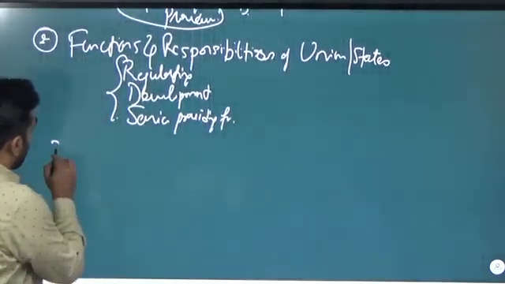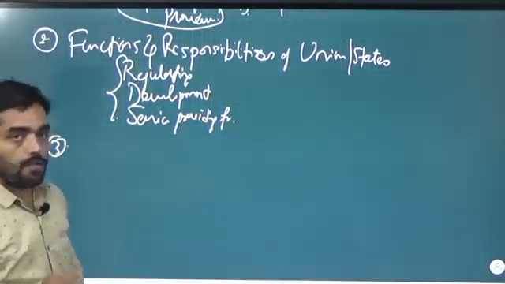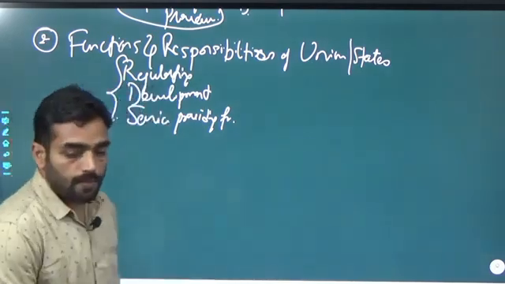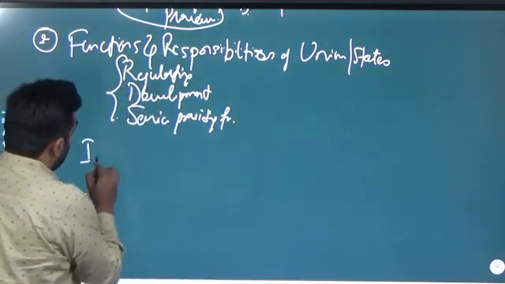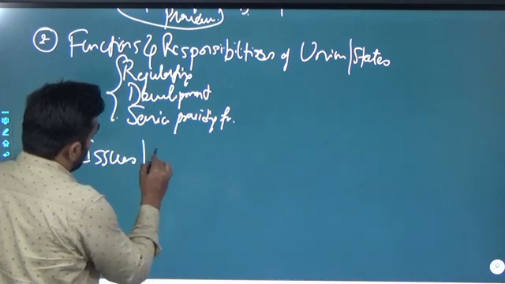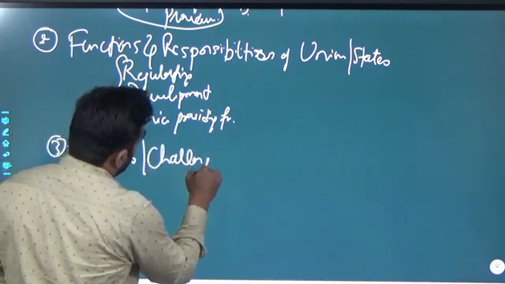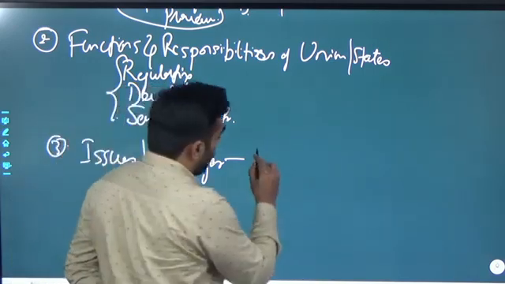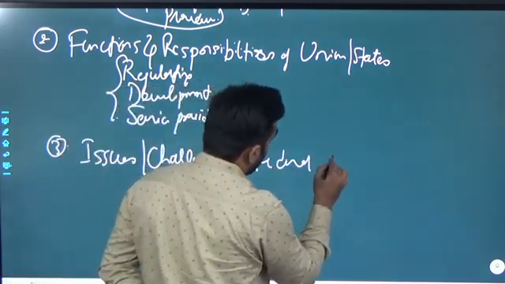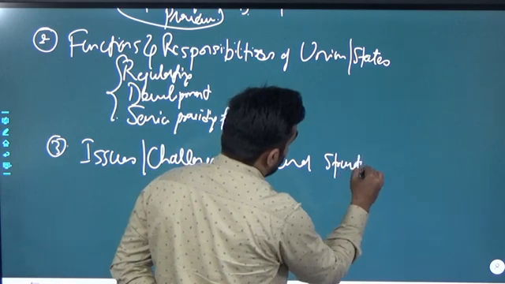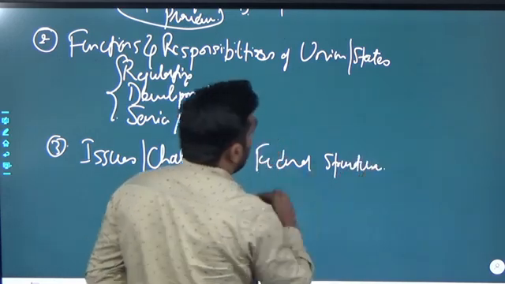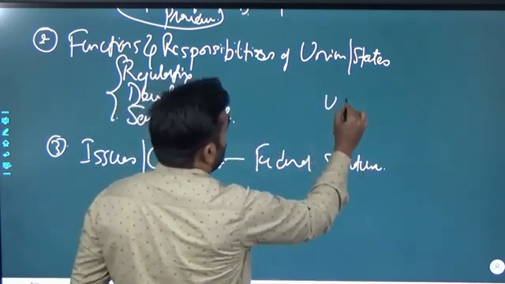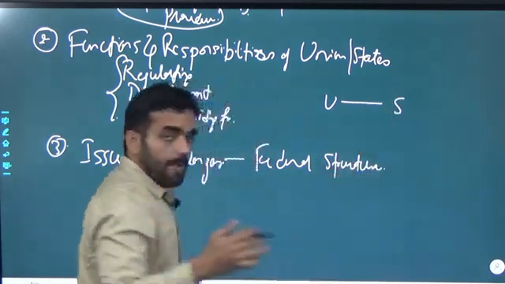Coming to the third part under the syllabus of polity and constitution, it is the issues and challenges related to the federal structure. If you talk about the union and the state, there are many relations.